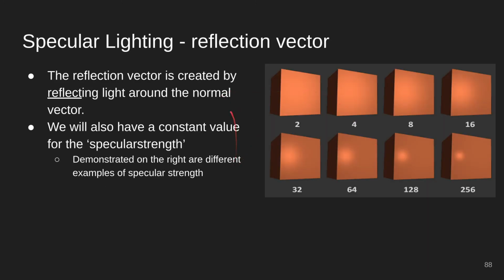Here are some examples of the reflection vector being created around the normal, with different constant values for how intense we want to make the specular lighting. We call this the specular strength. 2 is pretty low, 256 is pretty high, so you can see it's much more intense and brightens up here, and more intensely focuses that light. It's a little more dispersed with a lower specular strength value.